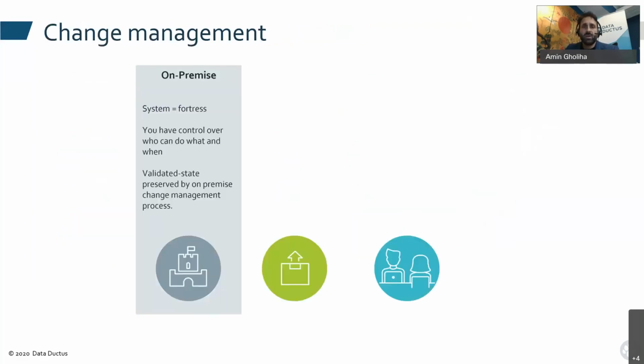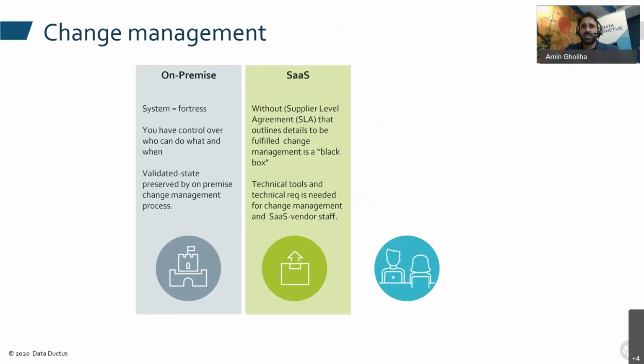So in on-premise system, your system is a fortress. You can have control over who can do what and when, and your validation state is preserved. But in SaaS, you need to have a very good supplier level agreement and technical tools as well.